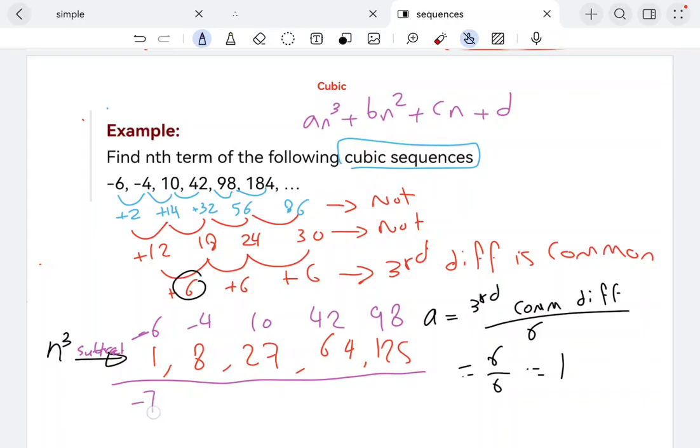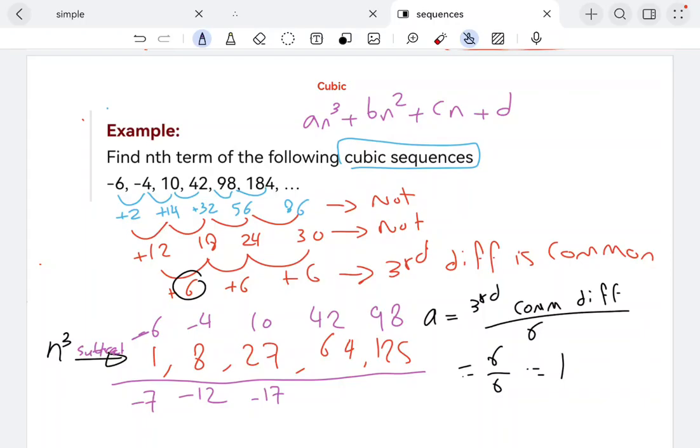That's negative 7. Negative 6 minus 1. Negative 4 minus 8 is negative 12. 10 minus 27 is negative 17. 42 minus 64.